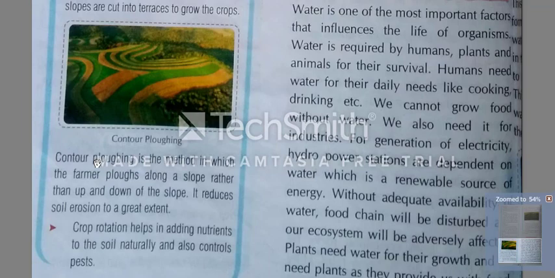And do you know the meaning of ploughing? Ploughing means cultivation. Contour ploughing is the method in which the farmer ploughs along a slope rather than up and down the slope. Clear?